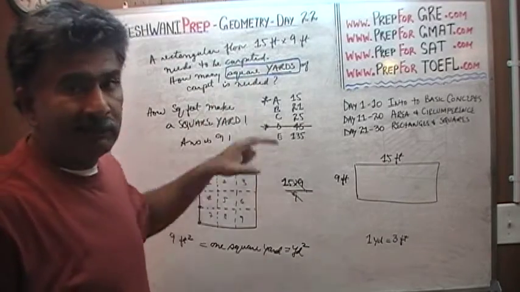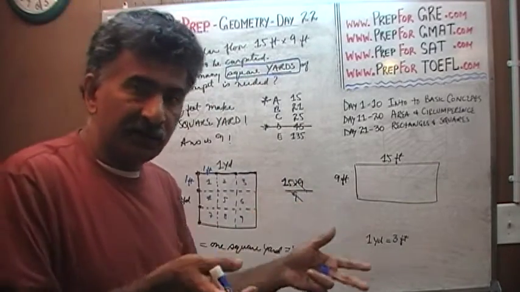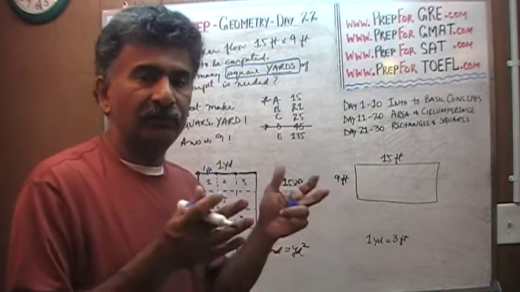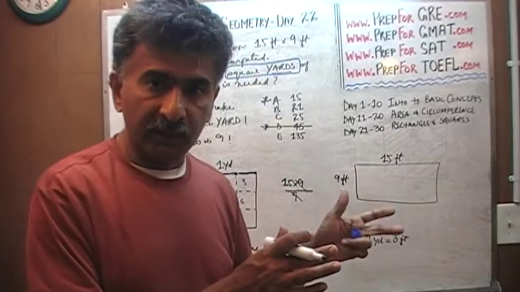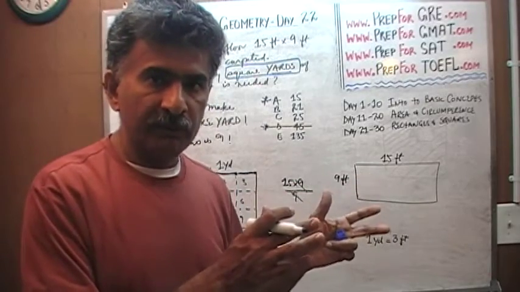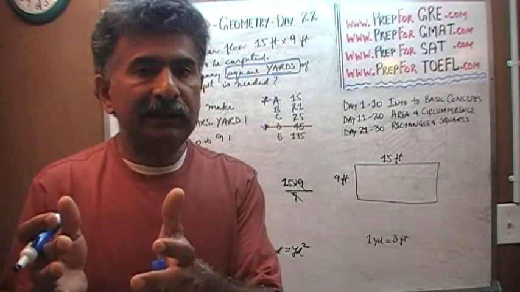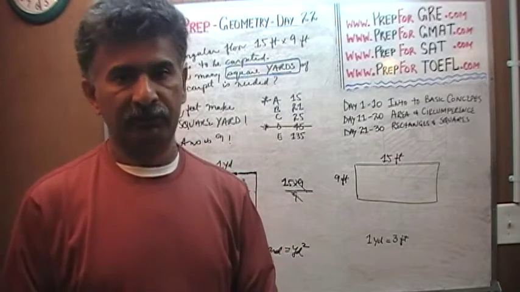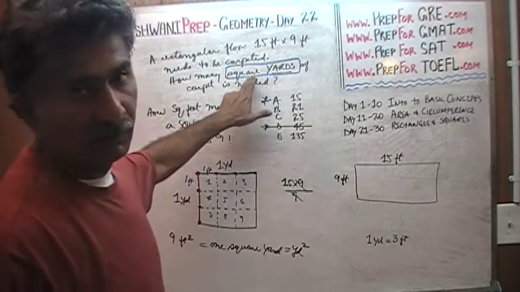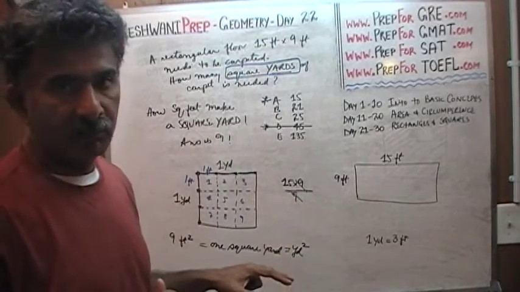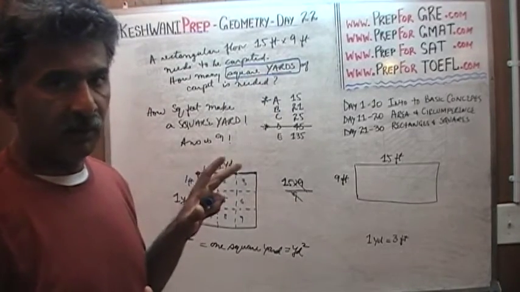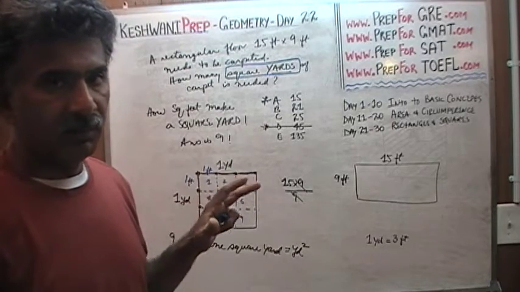If the punchline is in one unit and the problem is phrased in another unit, it is always a good idea to convert the entire problem from the very beginning into the units in which the punchline is phrased. Here the punchline is in square yards. So the smart idea would have been to convert the entire problem into yards to begin with.